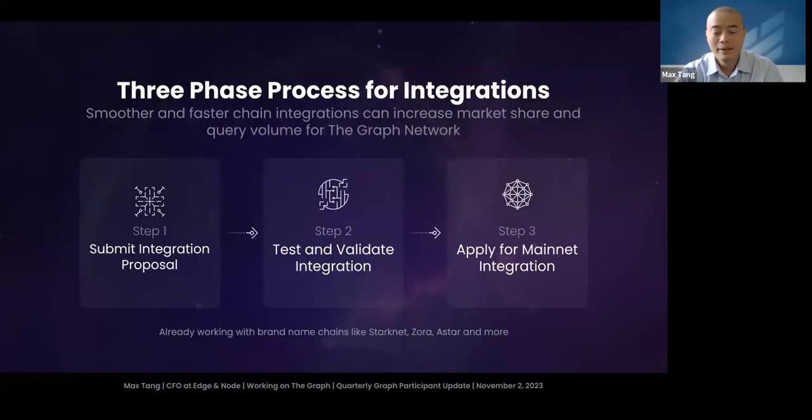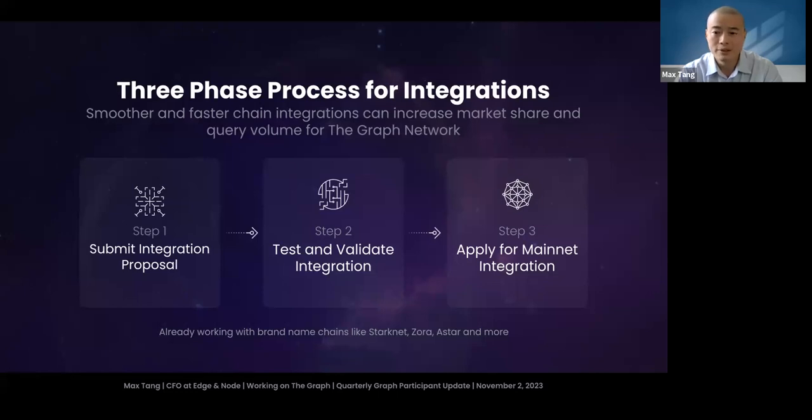In the past, new chain integration has been limited by core developer capacity constraints, as well as the criteria of allocating indexing rewards to these new chains. After much deliberation and discussions with the community, we released a three-step community-driven chain integration process to facilitate chain additions and rewards allocation on the network.